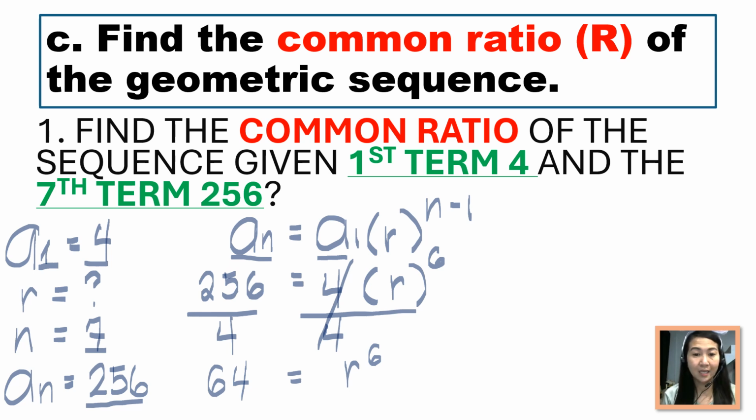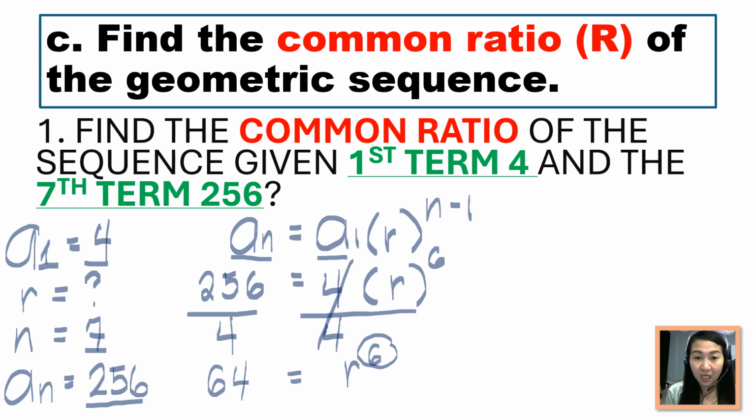We are not yet done because when you're solving for the value of r, there should be no other numbers aside from that variable. But in this case, we still have the exponent 6. So we have to think of a way to cancel the exponent 6.